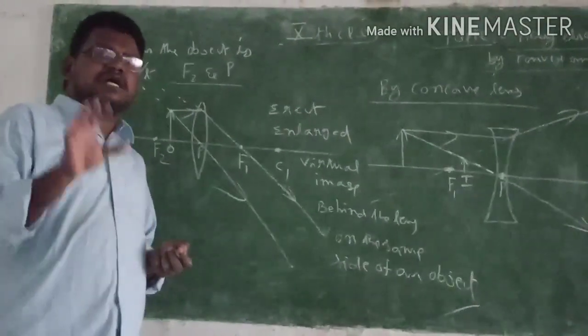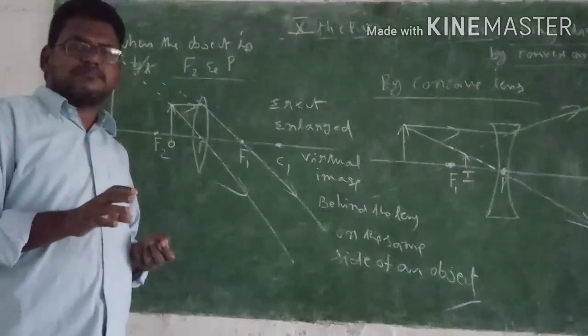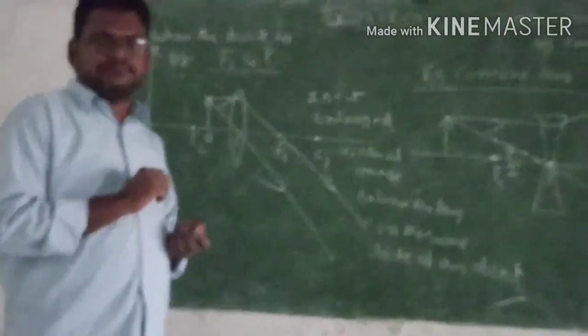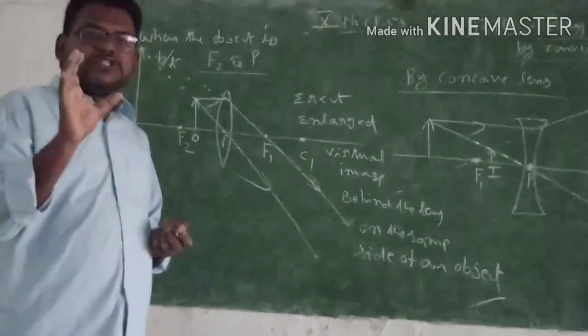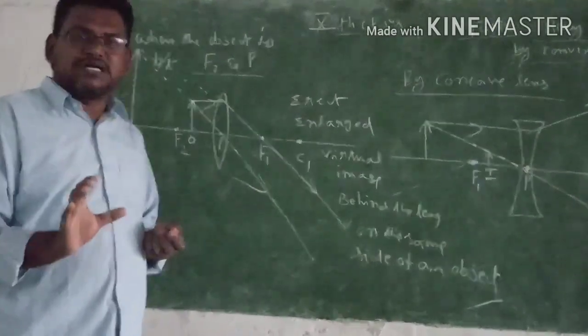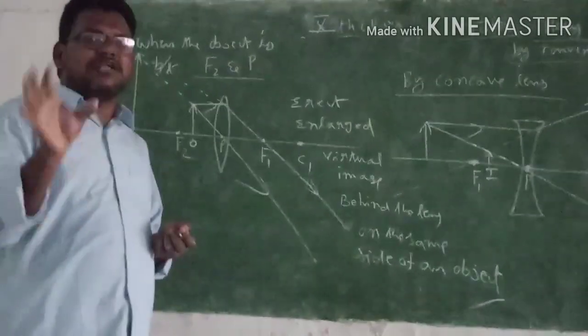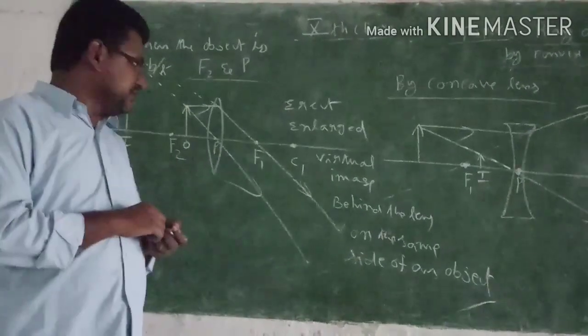So here a convex lens can form a virtual image in one case only, and that case is when the object is between a focus and the optic center. In the remaining cases, a convex lens can form real images.